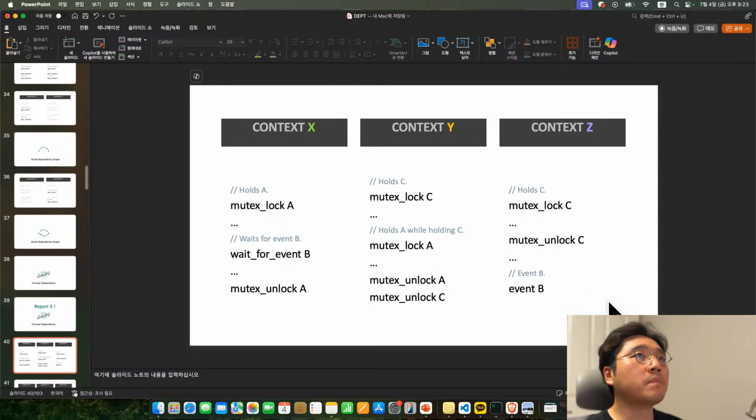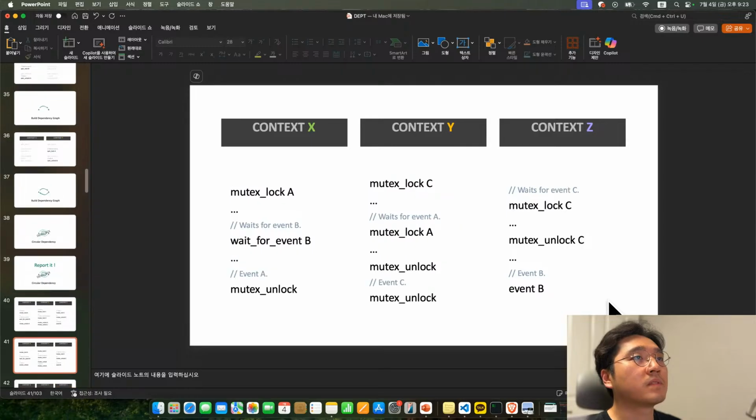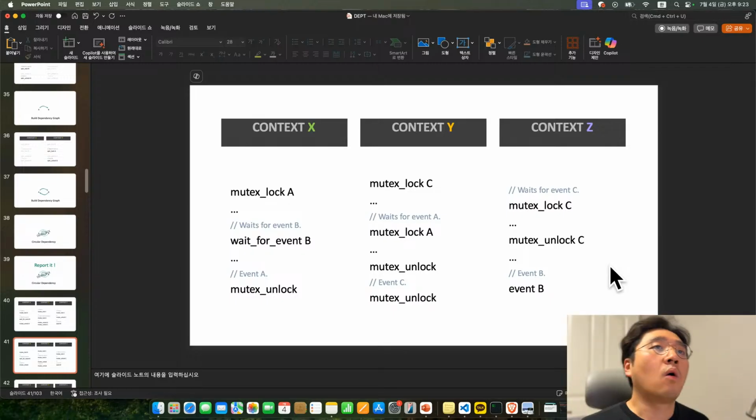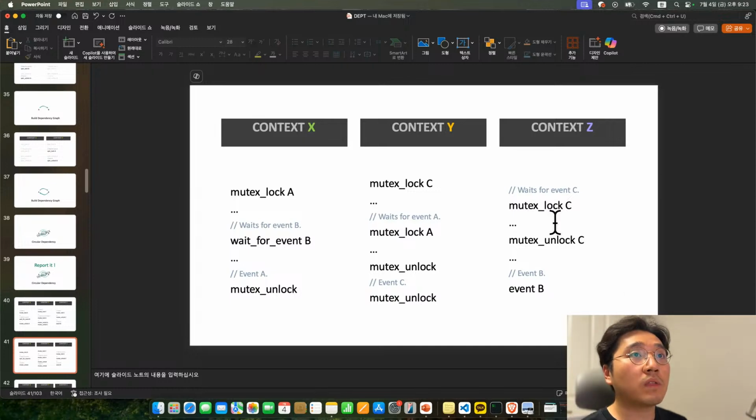So we need to redefine it from the perspective of a waiter and an event, right? So wanting to hold the lock makes a waiter, right? So there is a waiter in this, in this, and also in this.